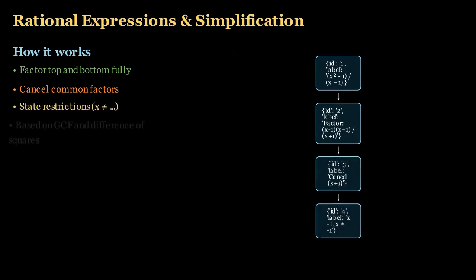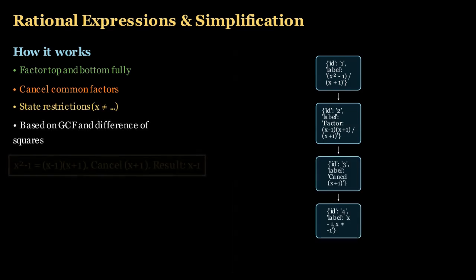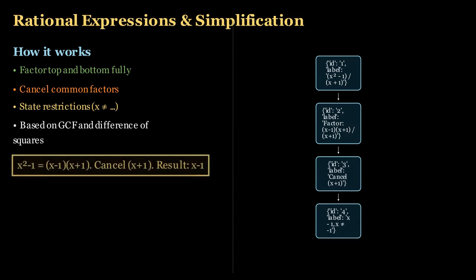Since it's a factor of the whole top and bottom, you can cancel it out, just like cancelling a common number. But you must note that x cannot be -1, because that would make the original denominator 0. The simplified expression is x minus 1, with that restriction. This is the core idea: factor, cancel, restrict.